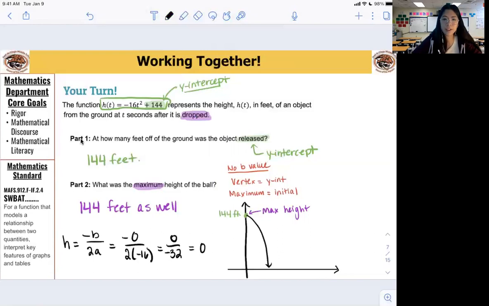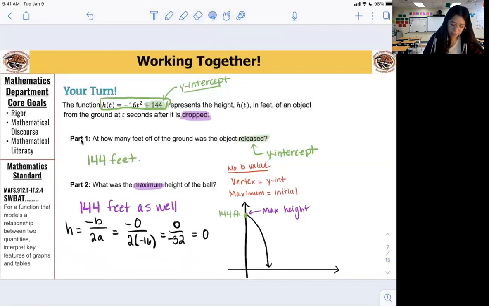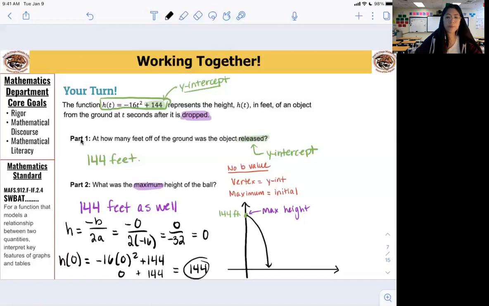So you get h equals 0, and if you plug h back into the original equation, you also end up with 0 plus 144, which is 144. So you end up with the same answer, long story short.